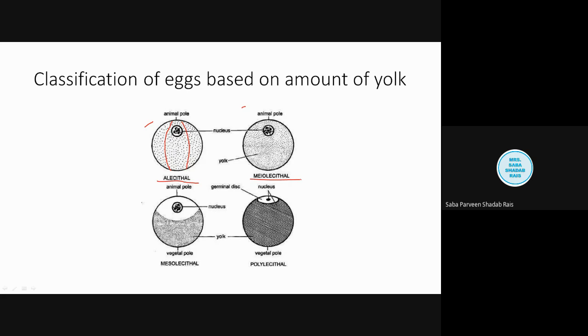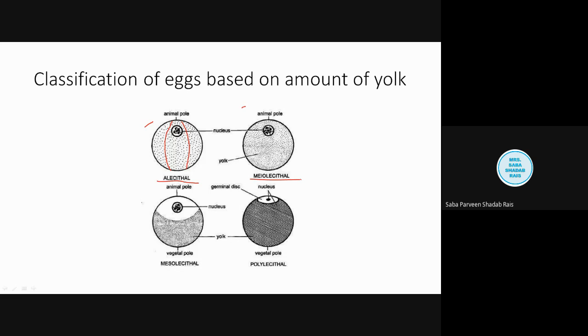Tunicates also form short-living tadpole larvae before developing into adults. In amphioxus, development proceeds rapidly to cope with the meager yolk reserve in the egg. So the oligolecithal egg has two types: alecithal in placental mammals and mesolecithal in animals which show metamorphosis, with examples being insects, amphioxus and tunicates.